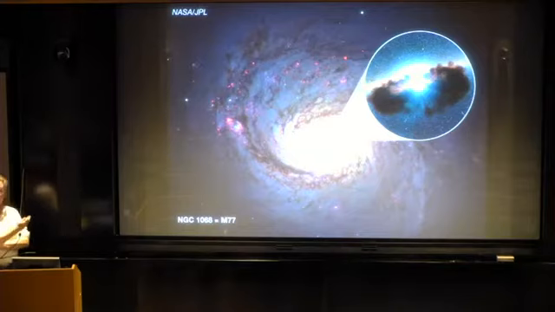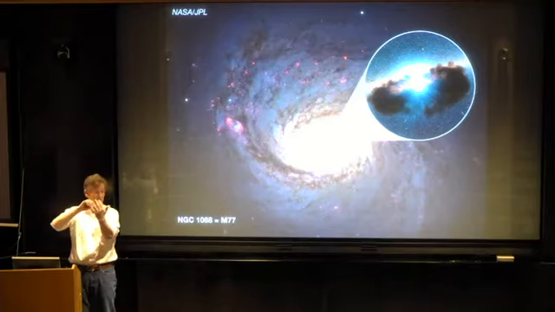This object here is NGC 1068, which is a prototypical or archetypal Seyfert-2 class active galactic nucleus. So Seyfert-2 means that there's an accreting black hole in the middle, but we probably see it edge on with the actual inner accretion flow obscured by a dusty torus that's orbiting the black hole.